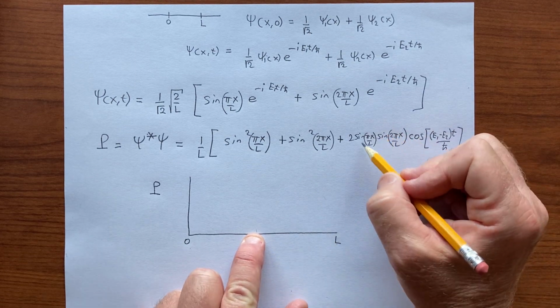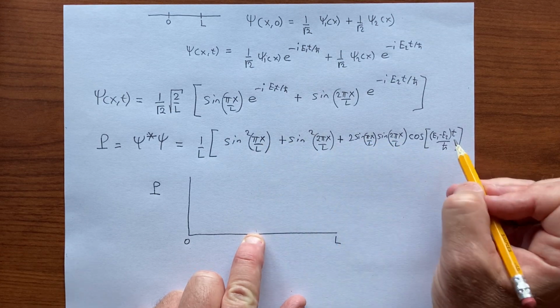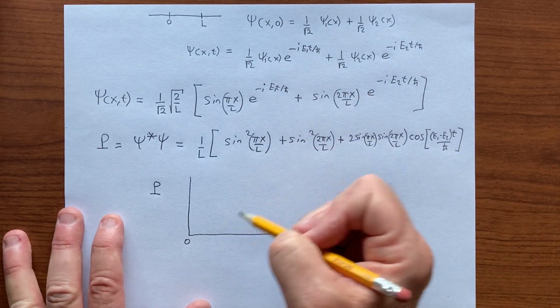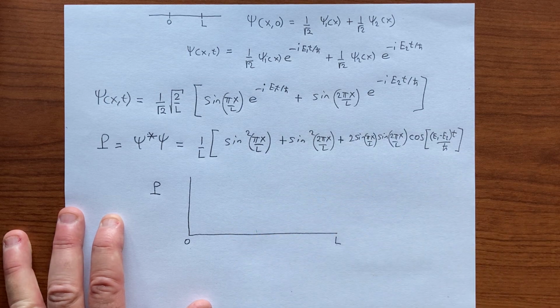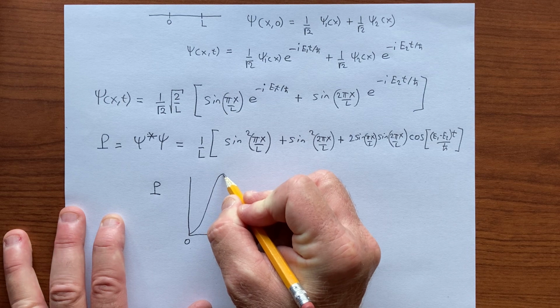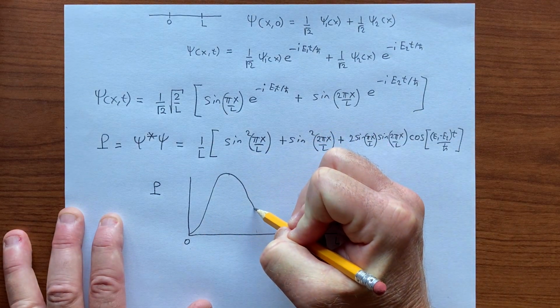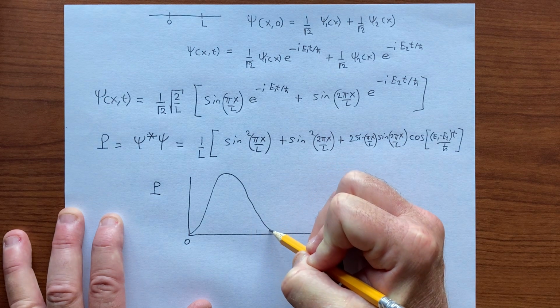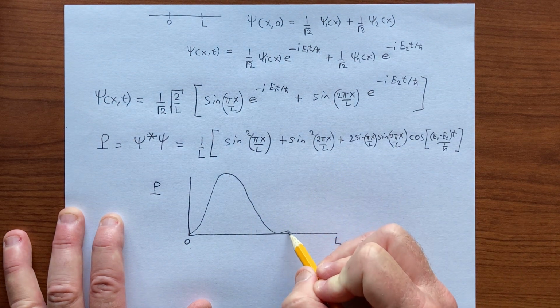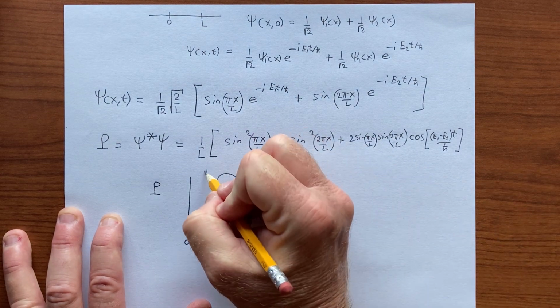So we have a negative term on this side, which subtracts from this. So at t equals 0, the probability density needs to be greater on the left-hand side compared to the right-hand side. In fact, it looks something like this: it'll start to die down as we get to the middle of the well, and it will have a little bump and look something like that. That's at t equals 0.